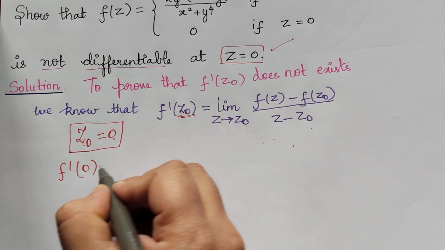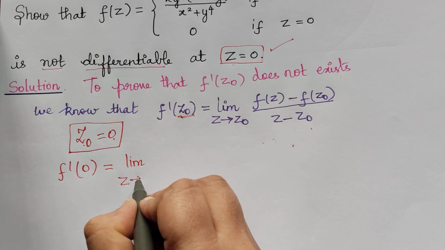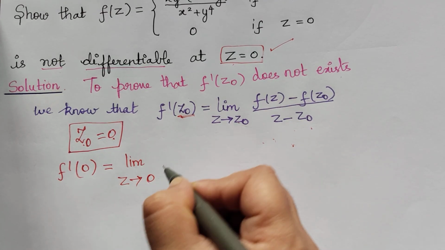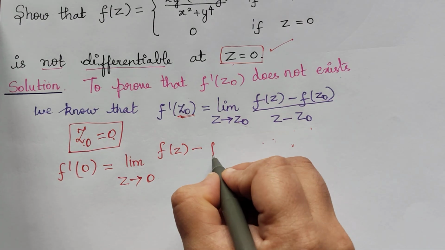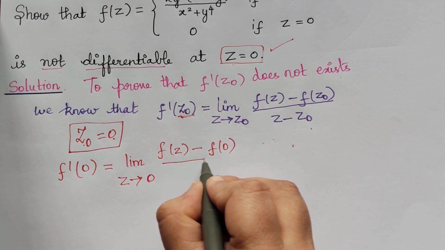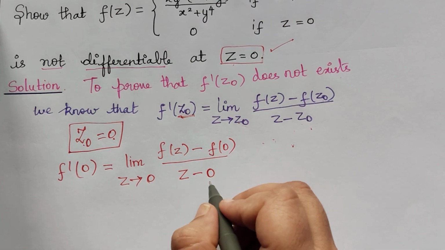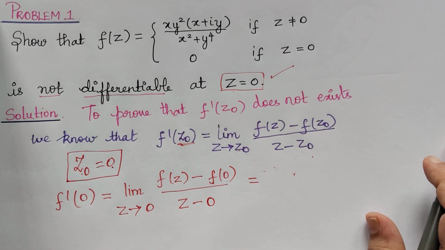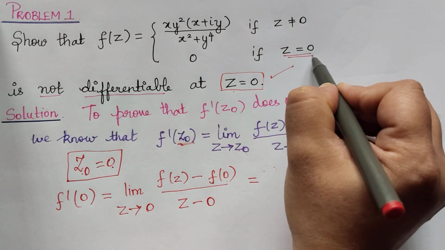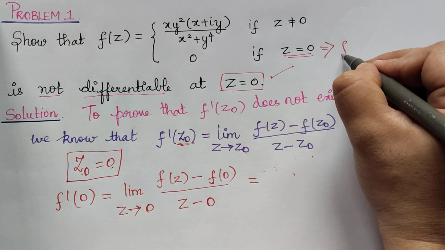So f dash of 0 will be equal to limit z tends to z naught, and z naught is 0, of f of z minus f of 0 divided by z minus 0. Now in this, we know that f of 0 is 0, because when z is 0, f of z is 0.